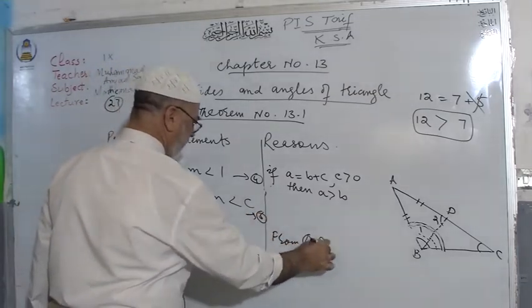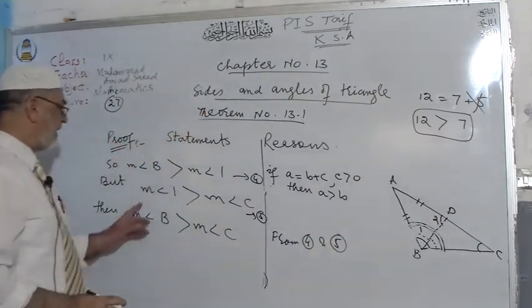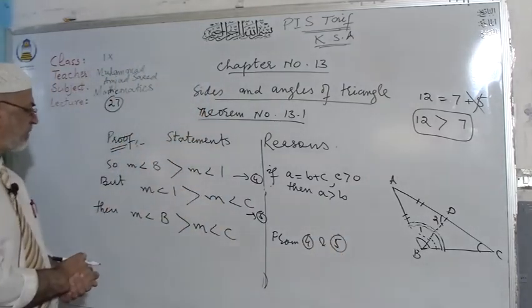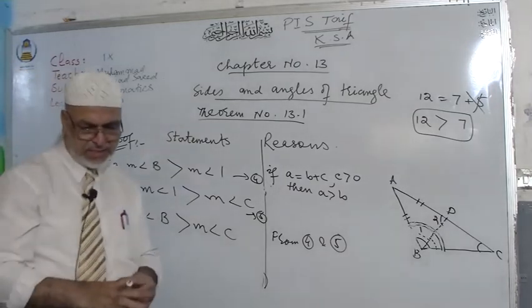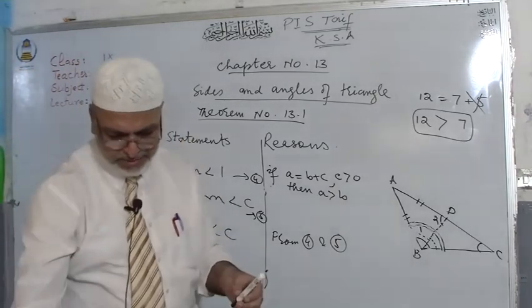From 4 and 5, angle B is greater than angle C. My dear students, look at me.